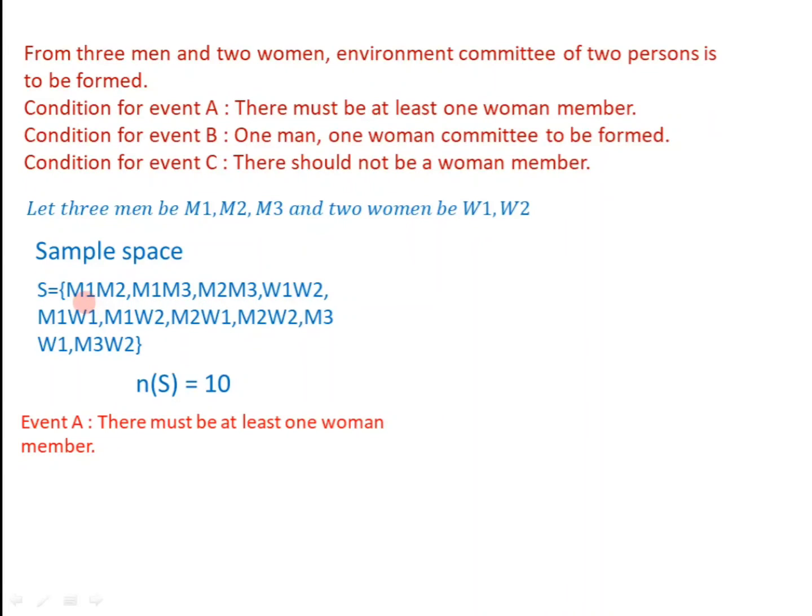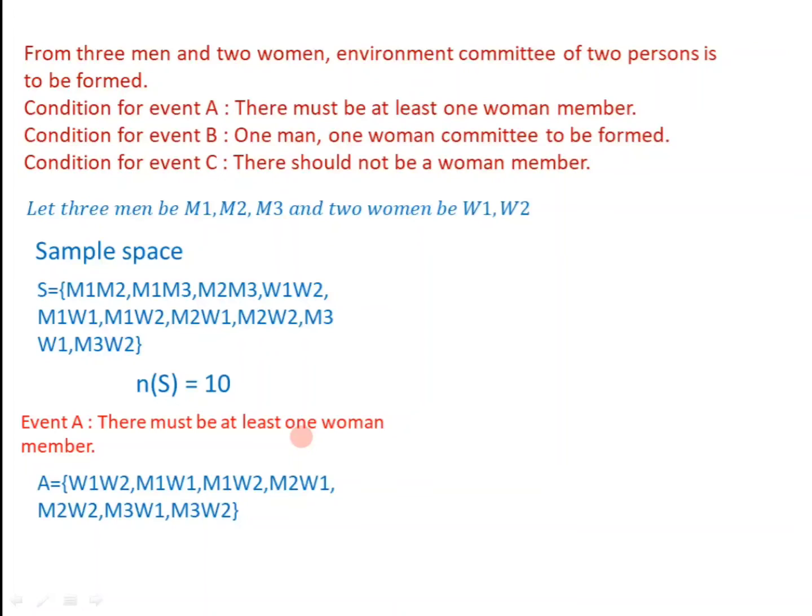So in this sample space, as we can observe, M1 M2, M1 M3 and M2 M3, these three committees do not have a woman. That's why these three elements cannot be taken in set A. So the first element would be W1 W2, as it has two women and the condition is that there must be at least one woman. More than that is possible.